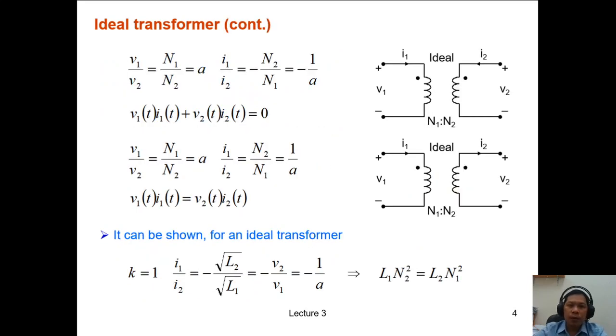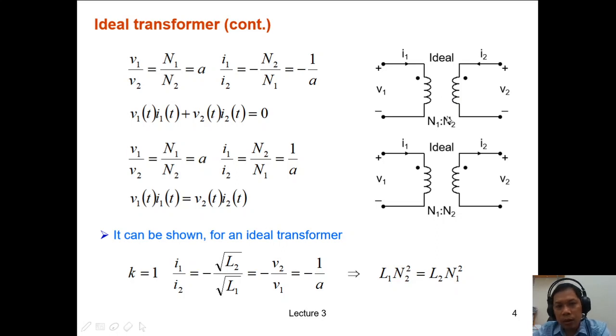Mathematically we can form an equivalent circuit like the top picture here. However, it's not physical because here we have energy coming in from both coils, and we don't have anything consuming energy.